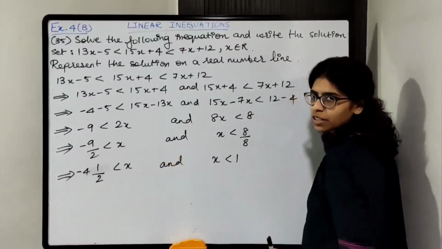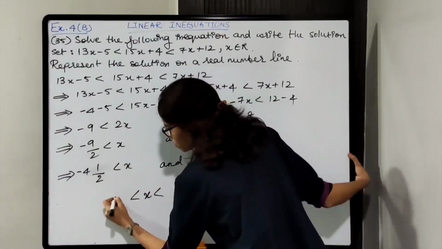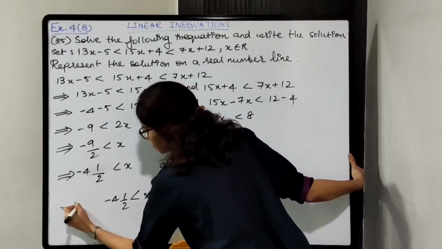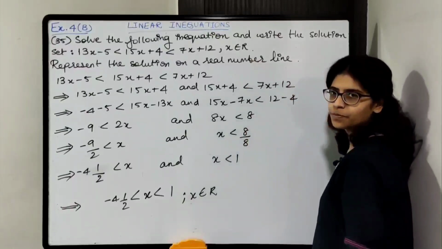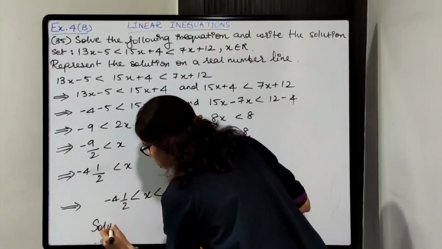Now we find out the range. What is the range of x? Greater than, less than. It is greater than minus 4.5 and less than 1. And x belongs to the set of real numbers. Okay. So let's write the solution set. What will be the solution set?